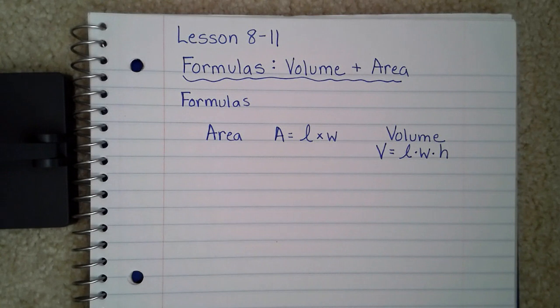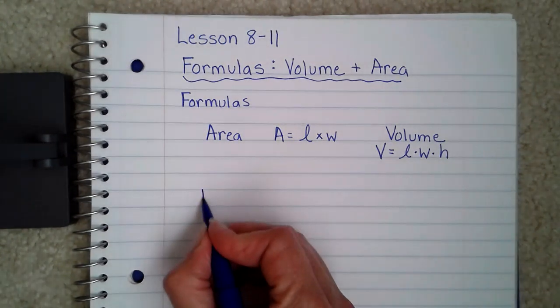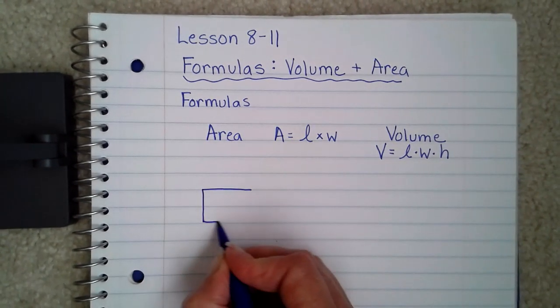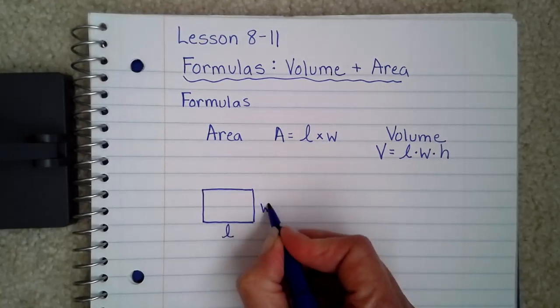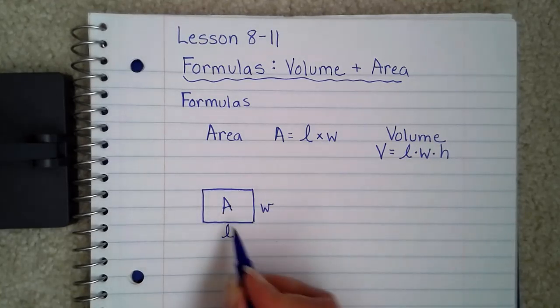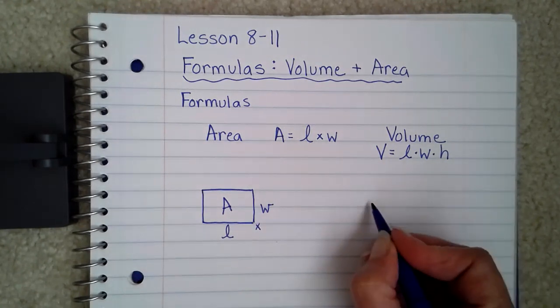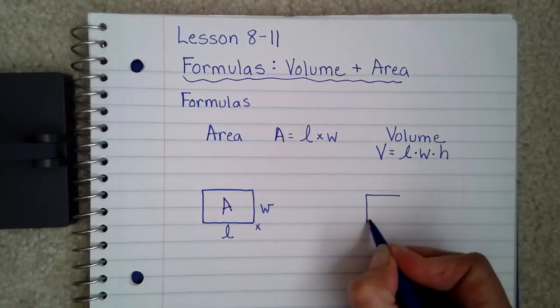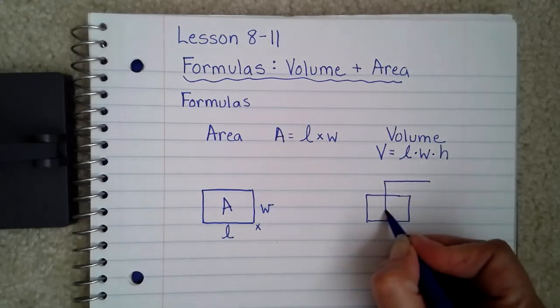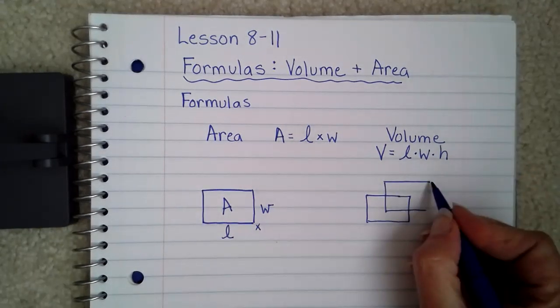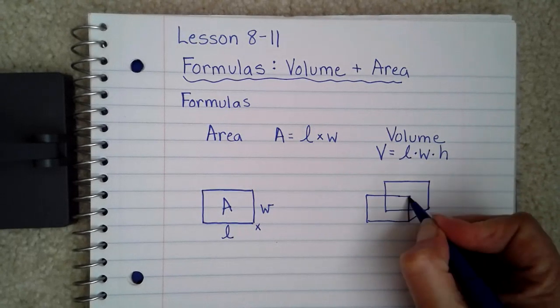area is two-dimensional. So for area, we would be looking at something that's like this, and here's the length, and here's the width, and we're finding the area. So we would take the length times the width. For volume, since it's three-dimensional, we have to draw the rectangular prism. So here we have the rectangle, but here we have the rectangular prism.